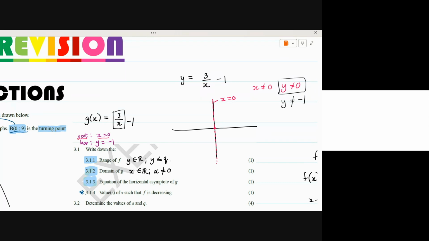Are we all okay with the vertical and the horizontal asymptotes of a hyperbola and why those values are particularly problematic? Okay. All right. I'm glad. Lerato, that tells me ma'am needs to explain something again. Is there something else that I can explain a little bit better?